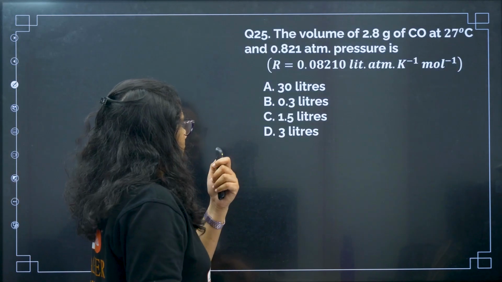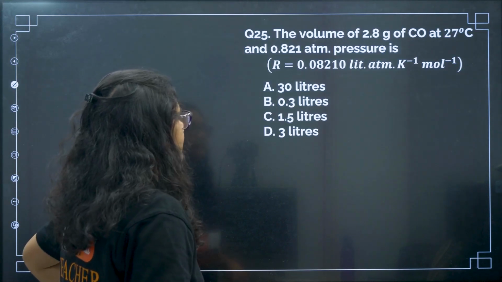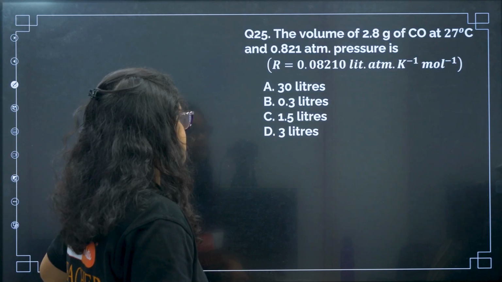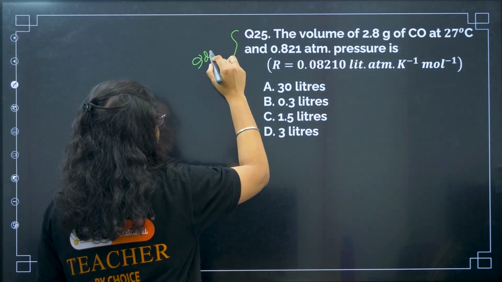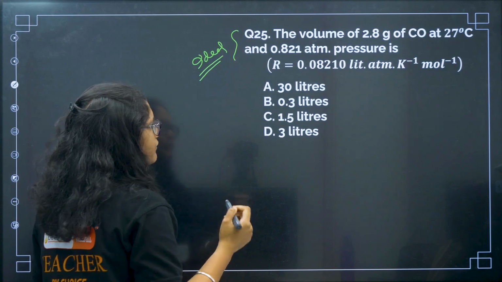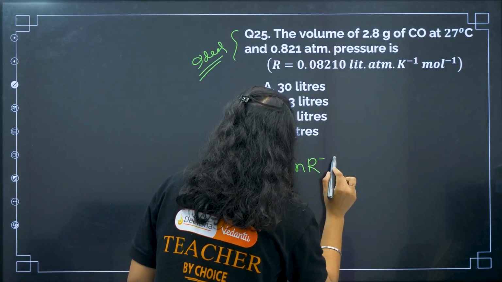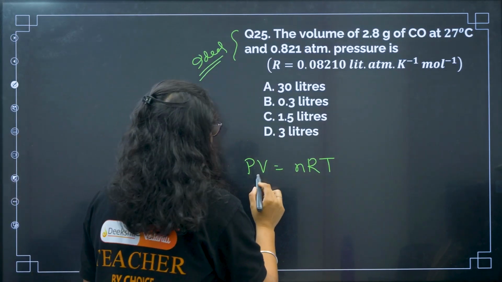Okay. Now coming to 25th question, the volume of 2.8 gram of CO at 27 degrees Celsius and 0.821 atmospheric pressure is. Okay, so this question is from your ideal gas equation. We have the formula PV is equal to nRT, right? So now what do we need to calculate? Volume.